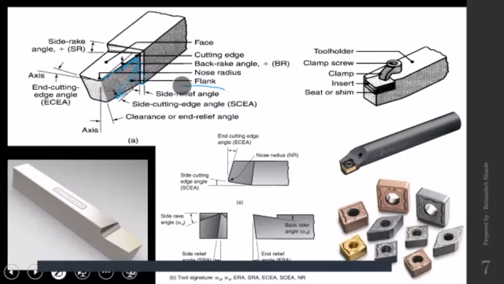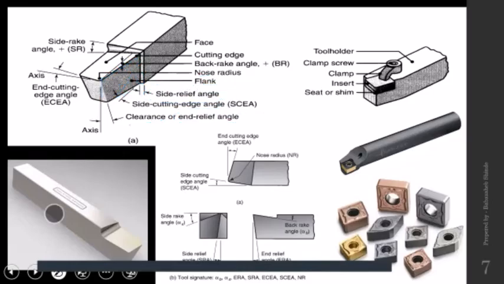So that inclination is called the side relief angle, whereas the inclination with this vertical is called the end relief angle, also called the clearance angle. So side relief angle and end relief angle are related to this flank face.